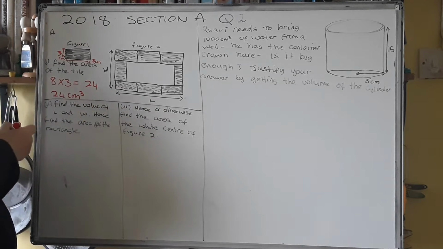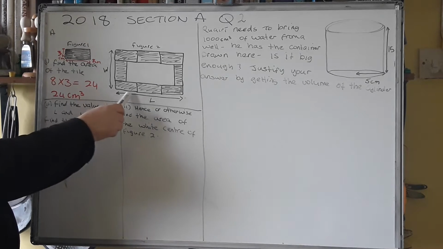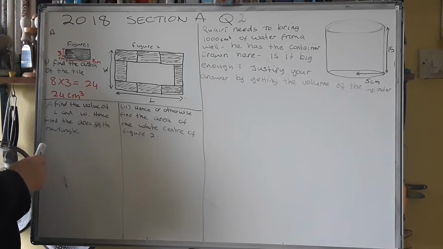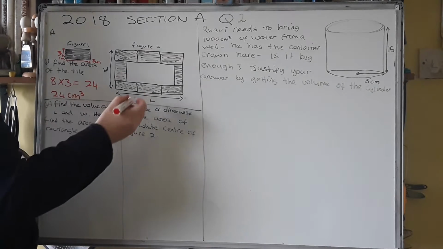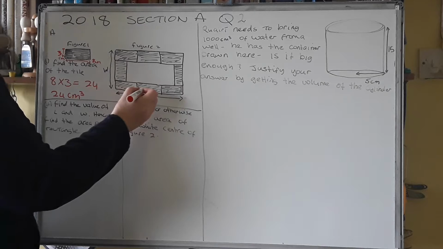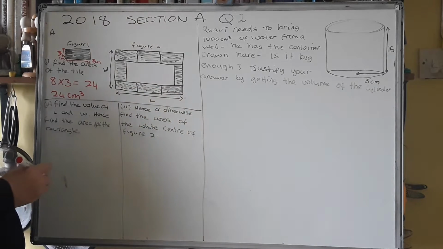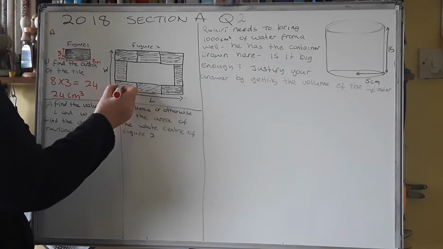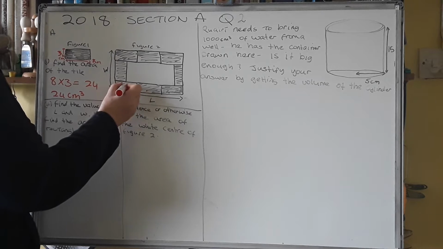Now, you have figure 2. Find the value of L and W and then find the area of the triangle. Well, let's start with L. L is 1, 2, 3 tiles long, and we know that each of these little segments is 8.